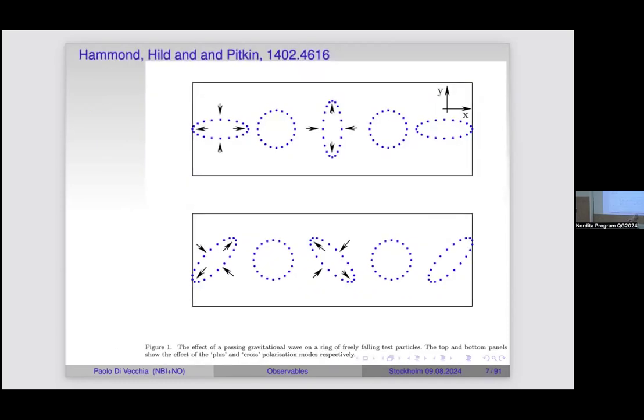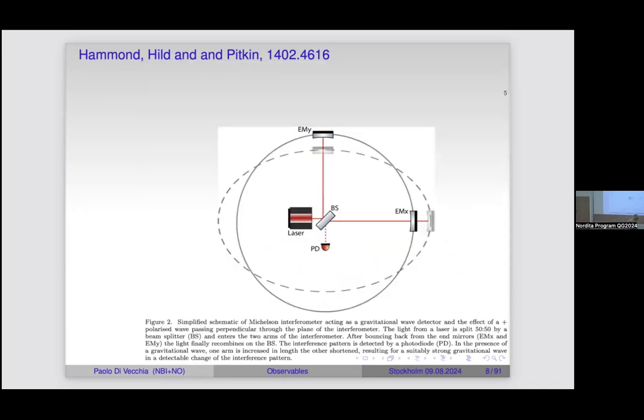Now, if a gravitational wave arrives, then a free-falling particle, depending on the kind of polarization, gets a modification of the circle, for the plus and the cross polarization. And that means that you have an interferometer where you have a laser, you send light.